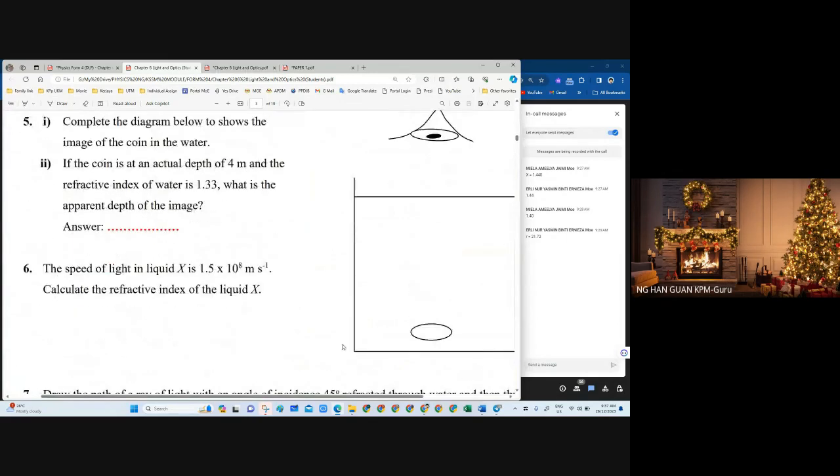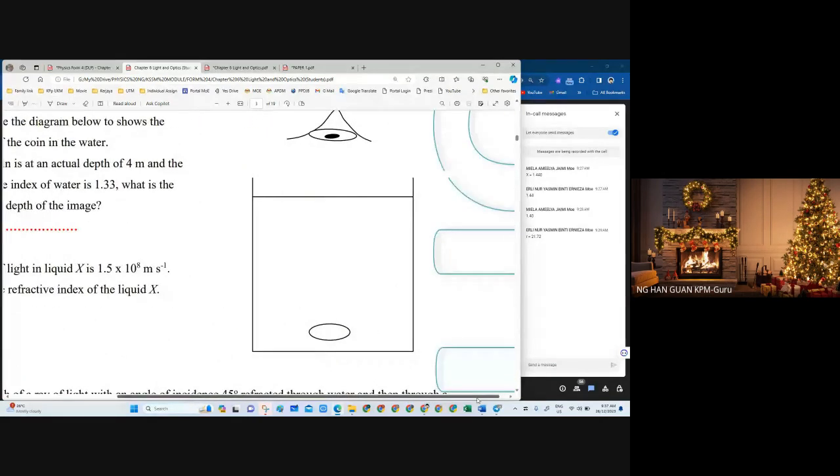Like this one, how are we going to show the image? The position of the eye is upright. How are you going to complete the light game? You don't need to care where the position of the eyes is. You just need to follow the method. First, get one reference point. Let's say you take the bottom here as a reference point.